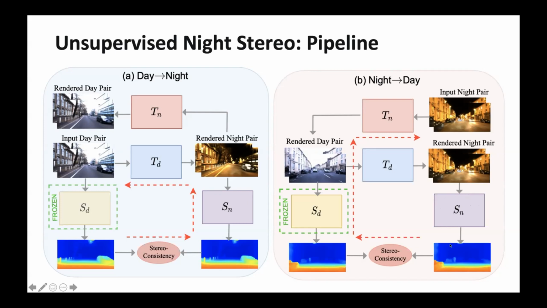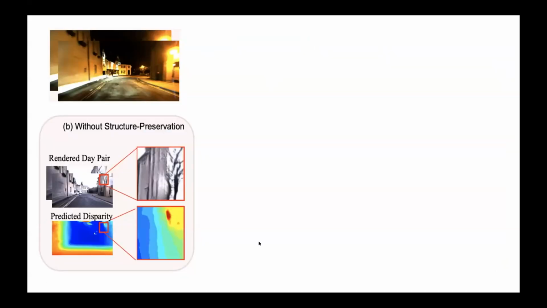Now, that's the whole pipeline that we have, and it works. But the problem, as I mentioned, is that there will be some fakeness or hallucination. We observe this because the original nighttime here actually has glow and glare.